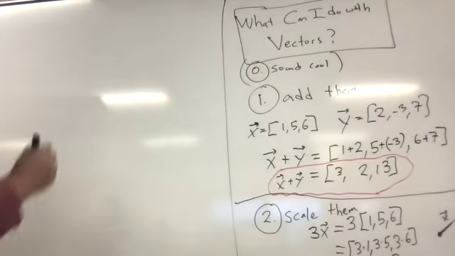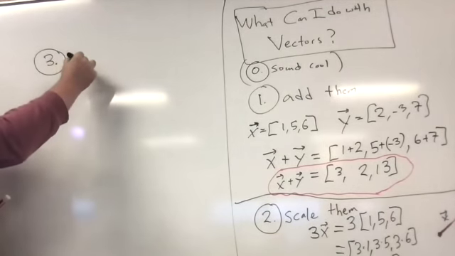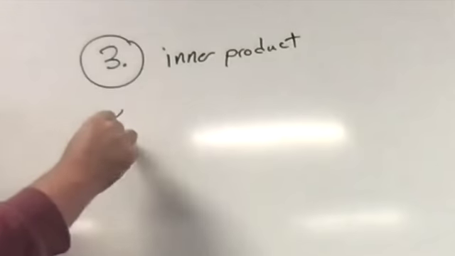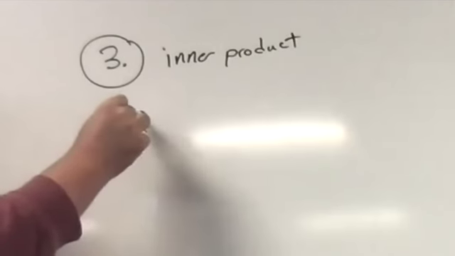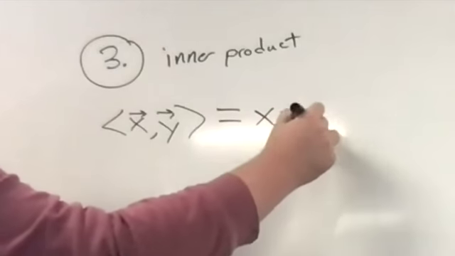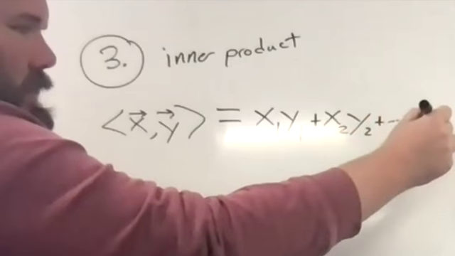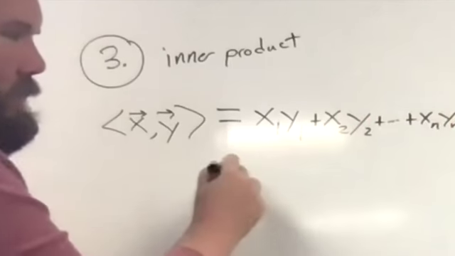The third thing you can do is you can take distance between them or take the inner product, which are related ideas. Let's start by talking about the inner product. If you have the inner product of x with y, what you're going to do is multiply the first components of the vectors plus the second components of the vectors, and you keep doing this until you have the last components of the vectors.